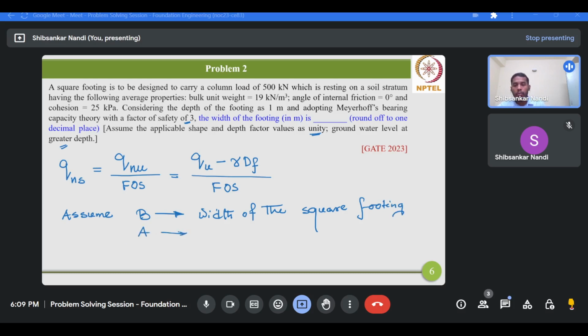So what will be the area then? The area of the footing will be simply B times B, since this is a square footing, that means B square.